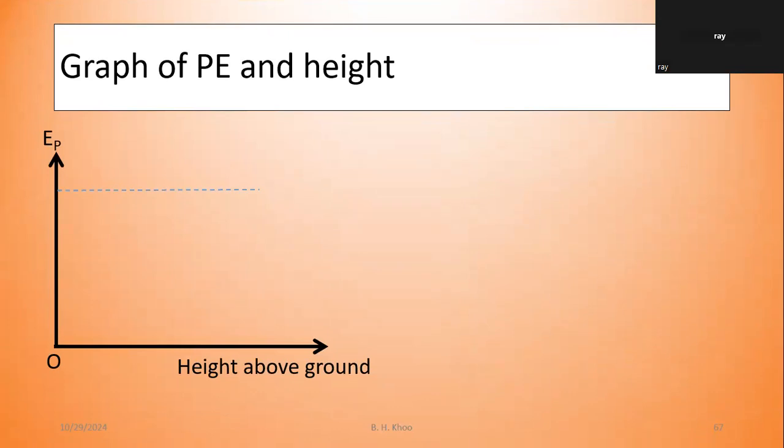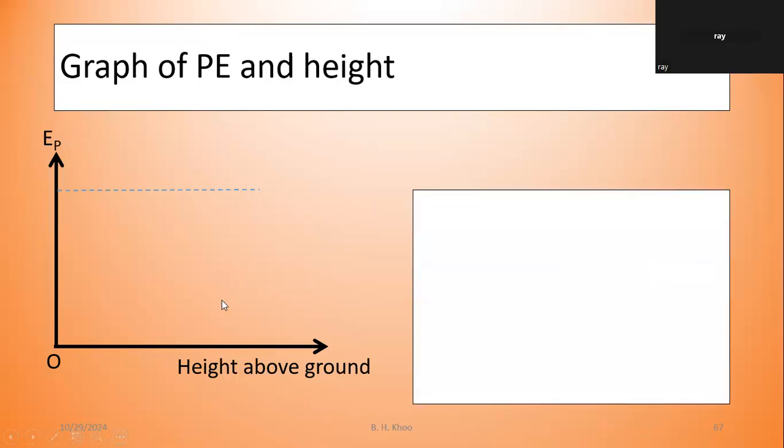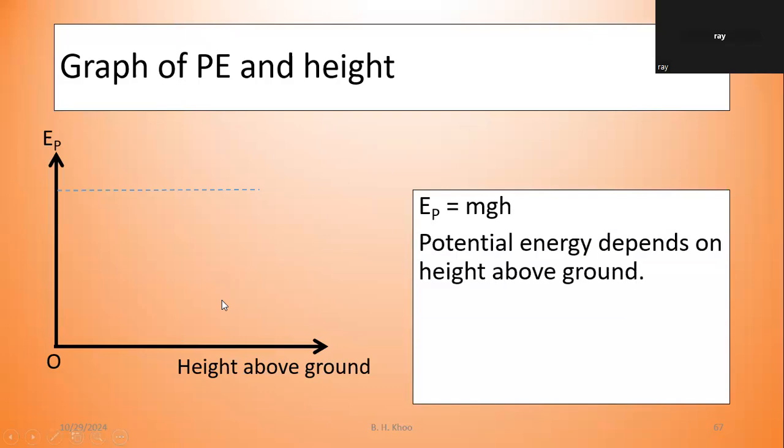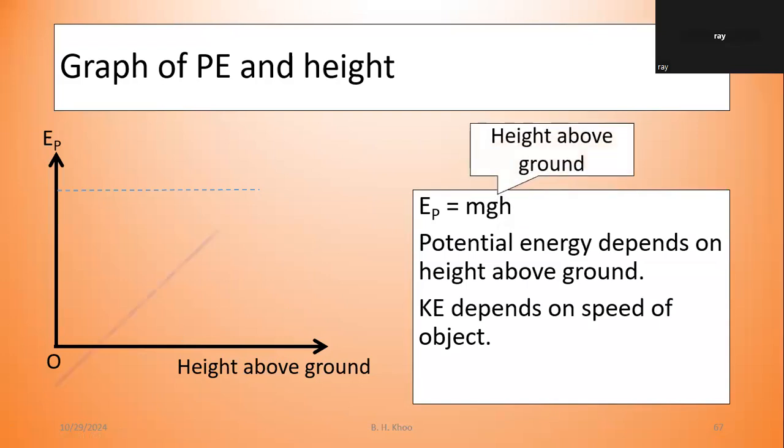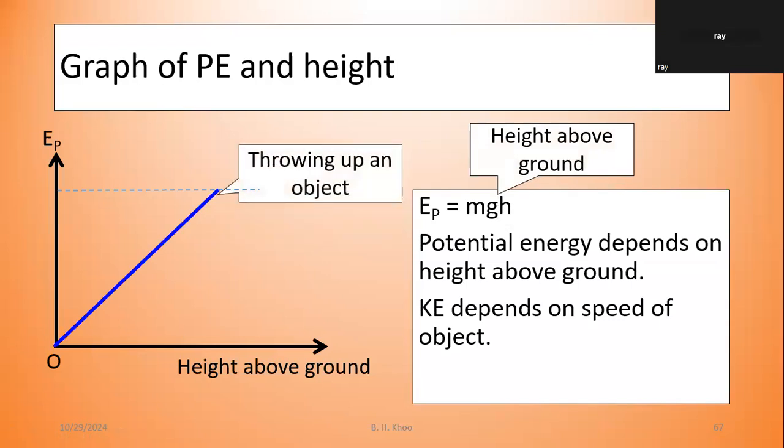Okay, next part we want to draw the graph of potential energy and height. Height above ground, that's potential energy. mgh depends on height above the ground, and kinetic energy depends on speed of the object. If we throw the object up, the potential energy is increasing all the time, while kinetic energy is decreasing.